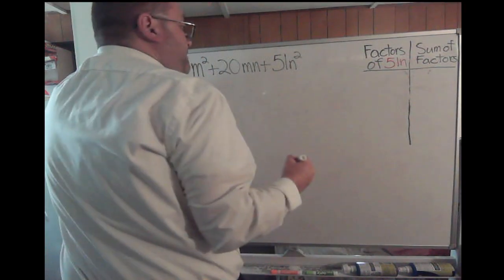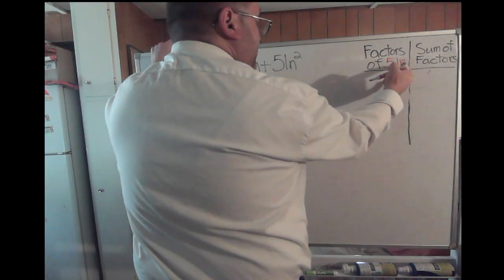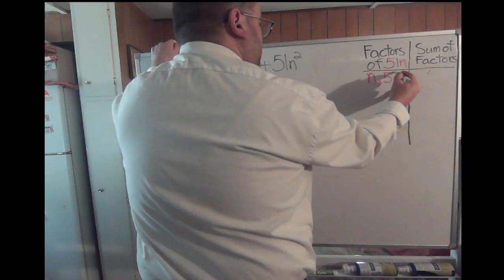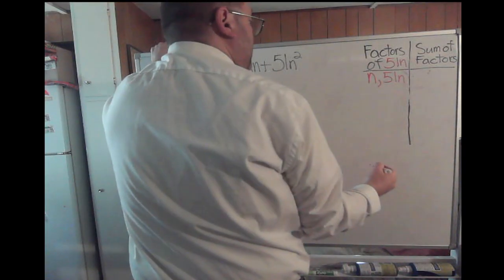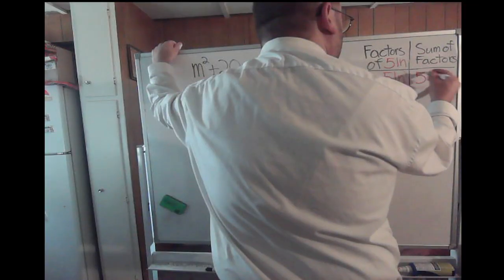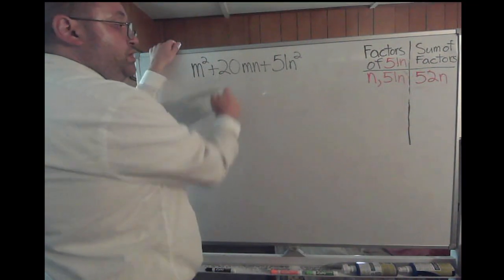Well, the positive factors of 51, you'll get 1, the n tags along, so you just get n and 51n. When added together, n and 51n give you 52n. Clearly that 52 is not 20, so that doesn't work.